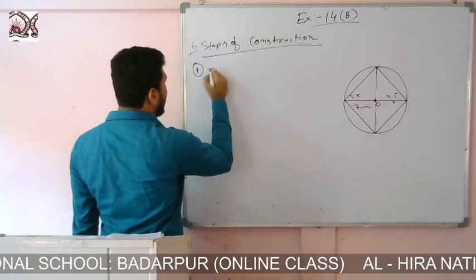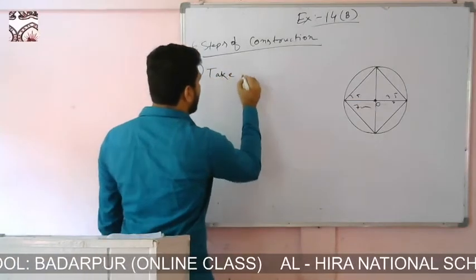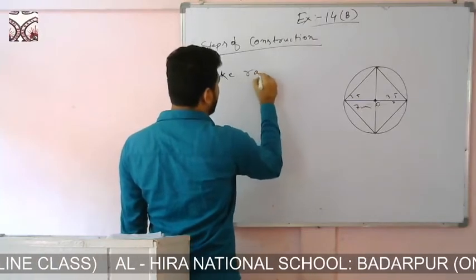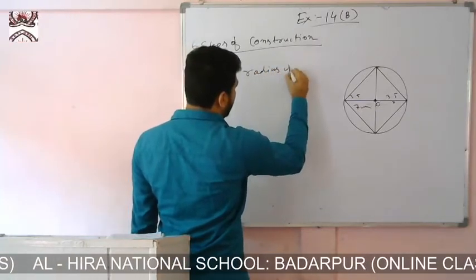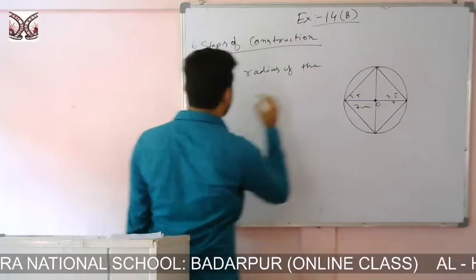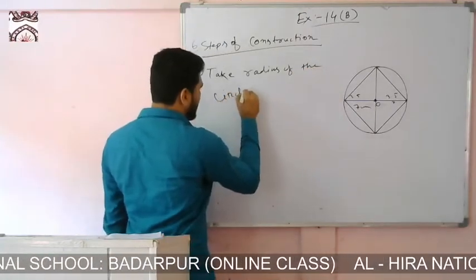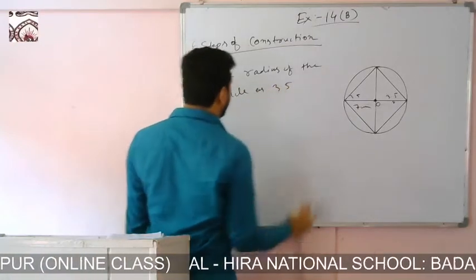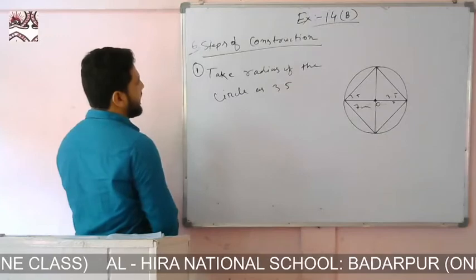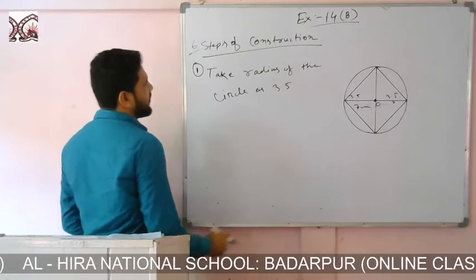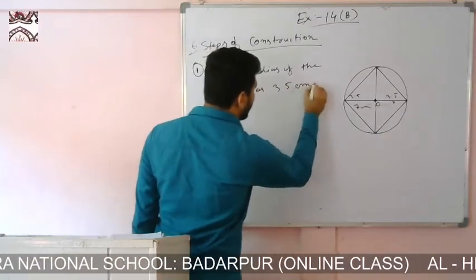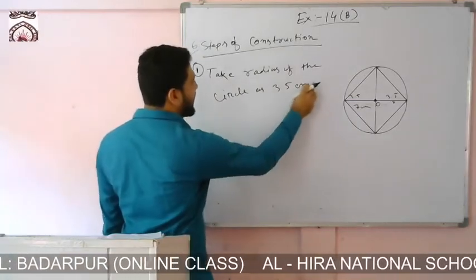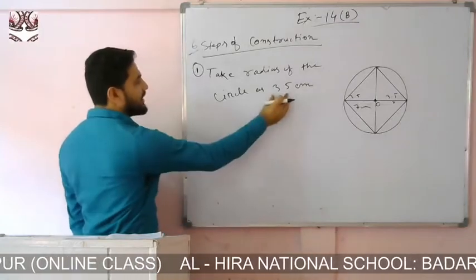Take the radius of the circle as 3.5 centimeter. Why 3.5 centimeter?